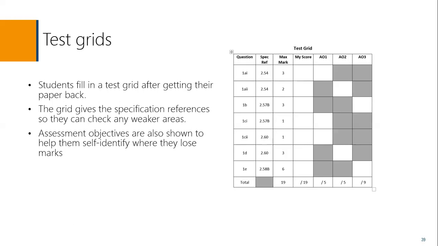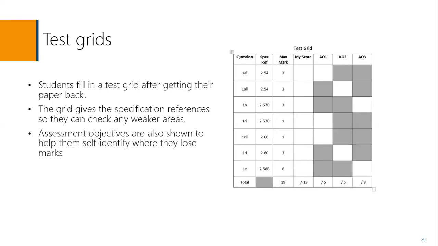So, for instance, question 1A, 3 marks. It's the specification reference 2.54, and it's testing assessment objective 1. The second part of the question, A2, same specification reference, but it's testing assessment objective 2.